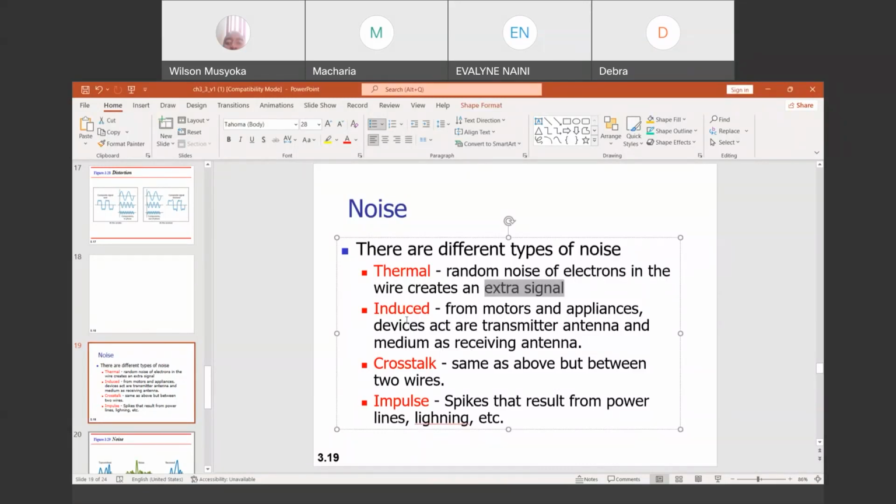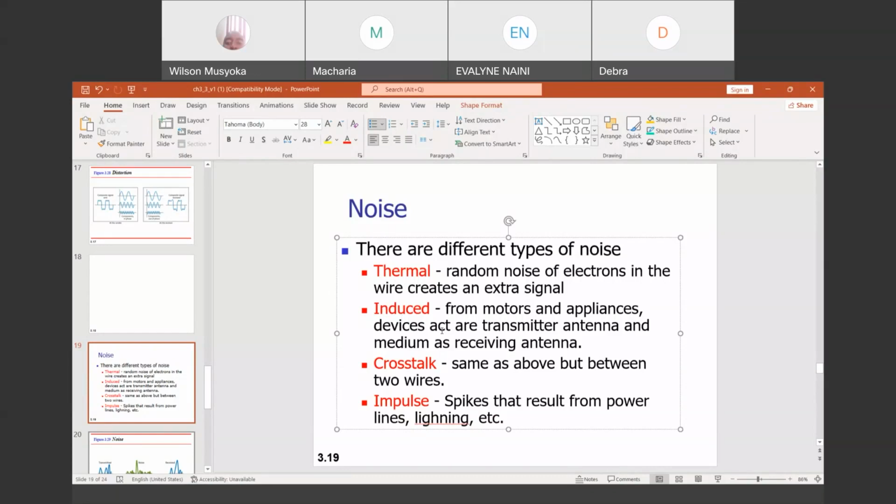Then we have induced noise, and this noise comes from motors and appliances or devices that act as transmitter antenna and medium as receiving antenna. So imagine you are talking about transmitting wireless data. Normally, when we are doing a wireless transmission, we can do it using the base stations or the transmitters that we put on top of buildings, and they are able to send data and connect to another one at another point.